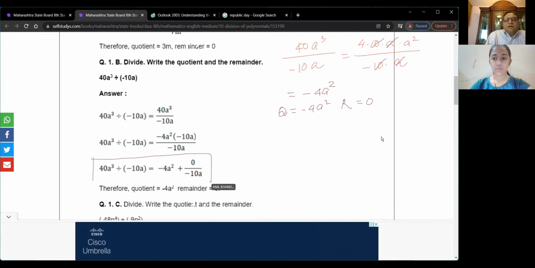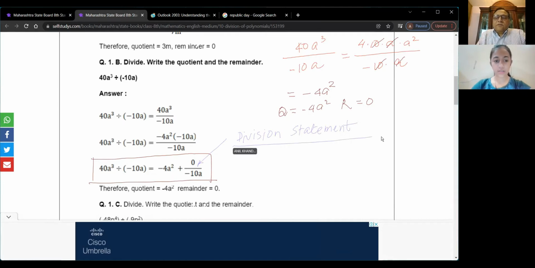They have also shown that the remainder is 0, and that remainder is divided by minus 10a. So this is called the division statement, which you can write, and then clearly write down the quotient and the remainder.